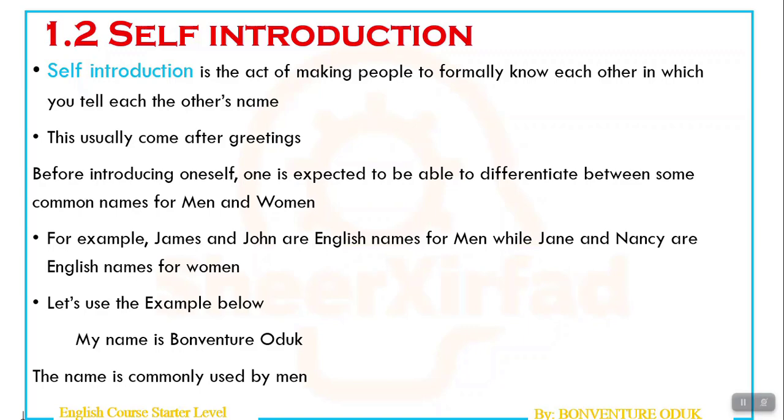Let us now look at an example of how to introduce oneself. My name is Bonaventure Oduk. The name is commonly used by men.